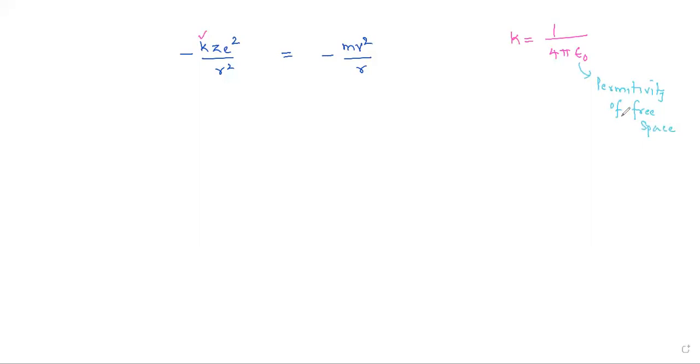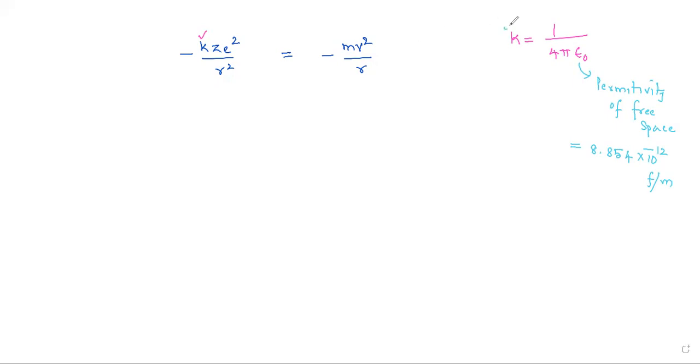It's called permittivity, and the value of this can be given as 8.854 into 10 power minus 12 farad per meter. Okay.